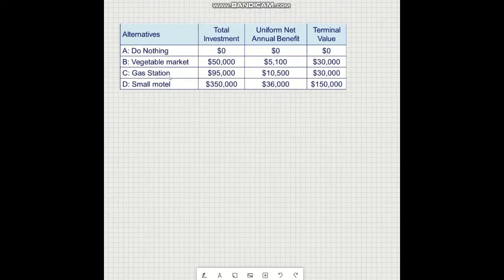Okay, in this example again we have multiple alternatives. Let's try to evaluate these alternatives. Before that, let's write down the question.